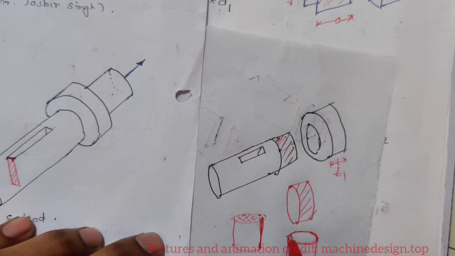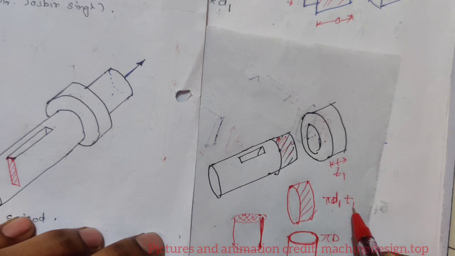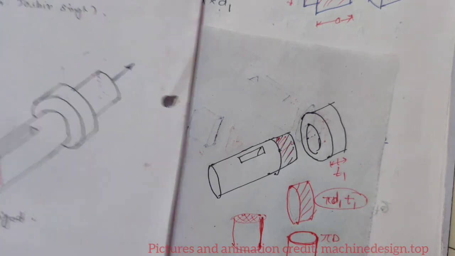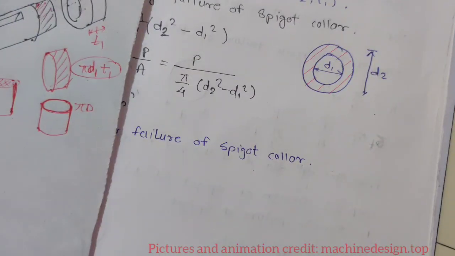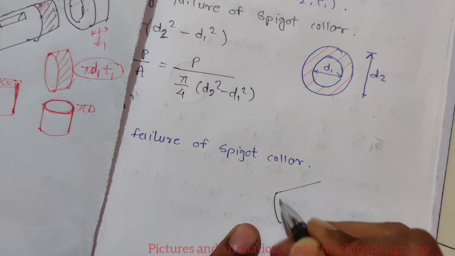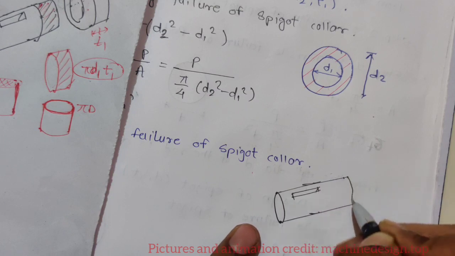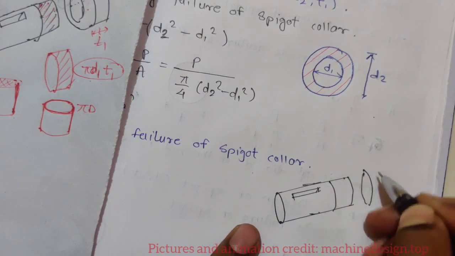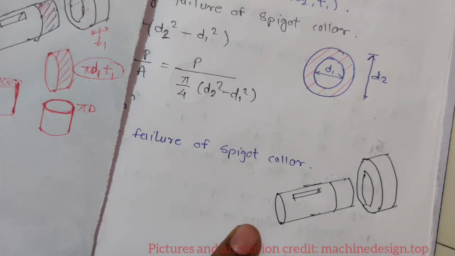So what is this perimeter? Perimeter is 2 pi r or pi d, into length. So similarly we will find here, that is pi D1 into this thickness T1. So this will be the failure area. Okay, so I'm just drawing the same diagram over here. You don't have to draw 3D diagrams in the question paper.